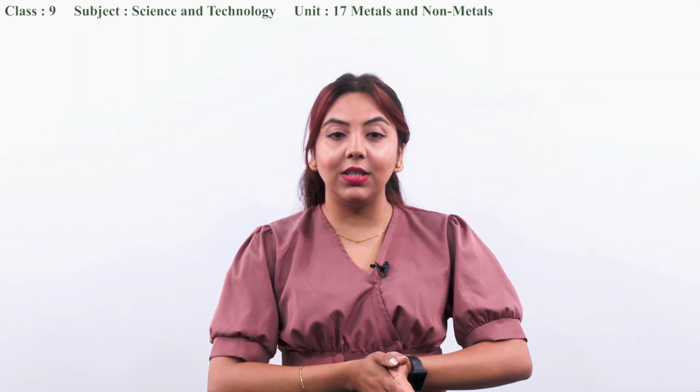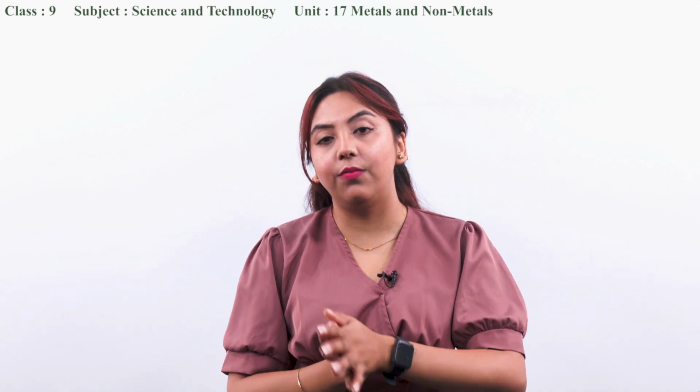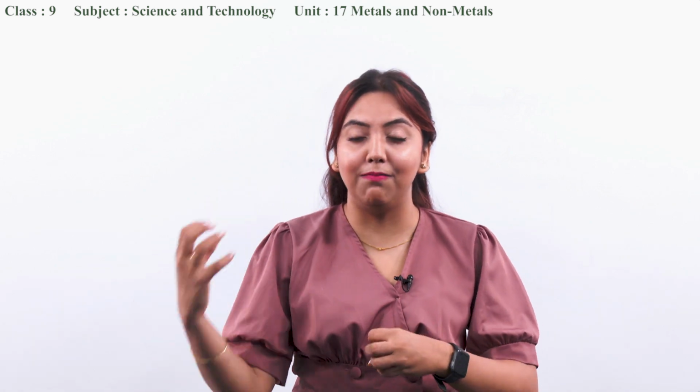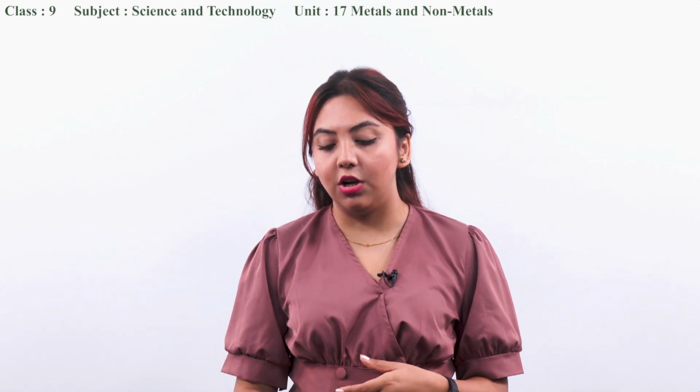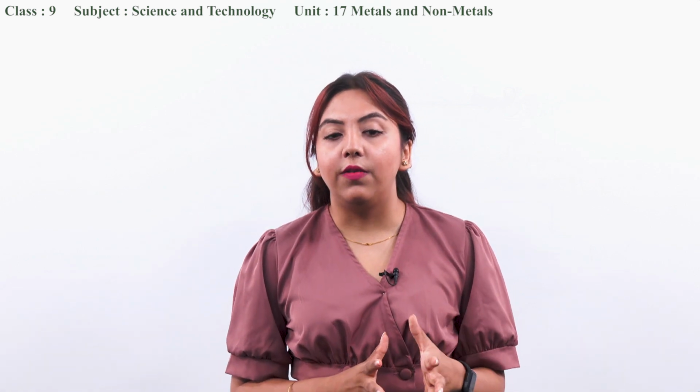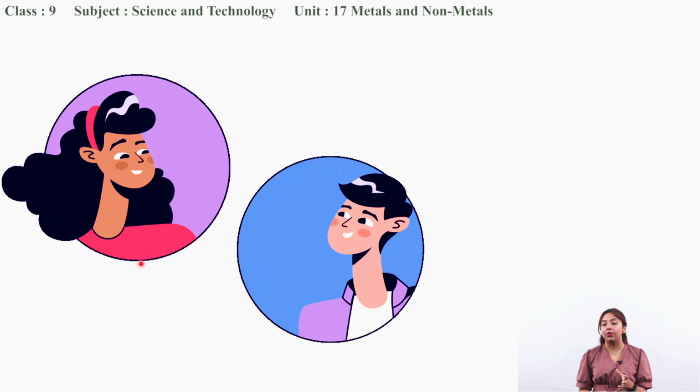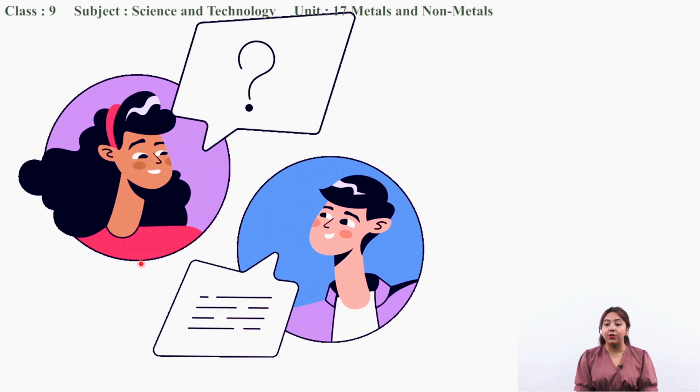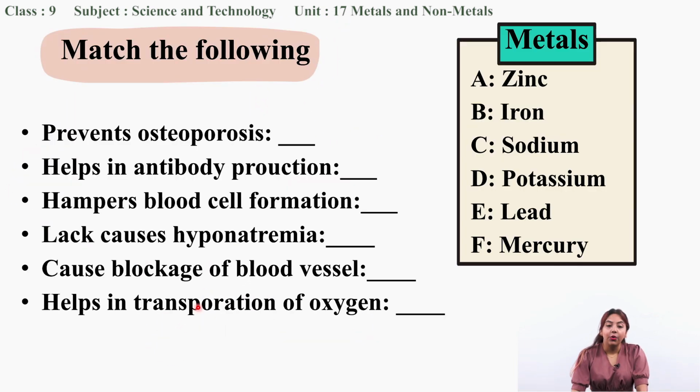Now we have already studied the harmful effects of certain metals, as well as the advantages of certain metals. Let us test our knowledge by trying to solve a question. We have to match these points with these metals. Which metal prevents osteoporosis?